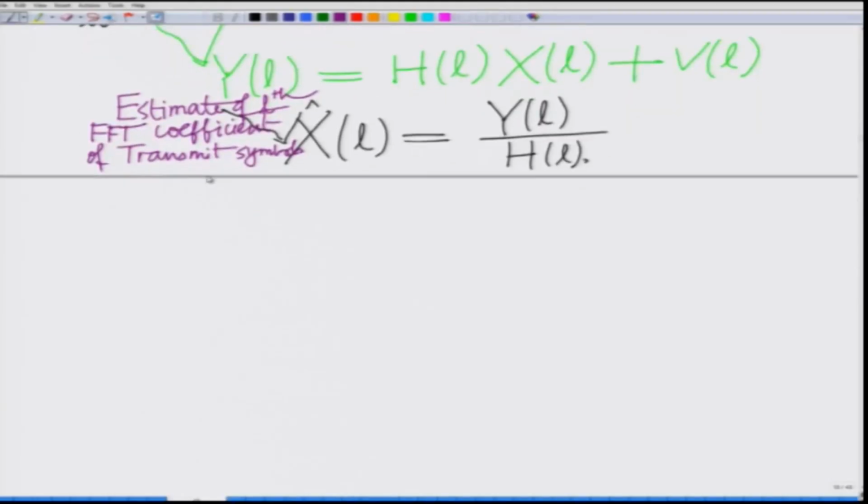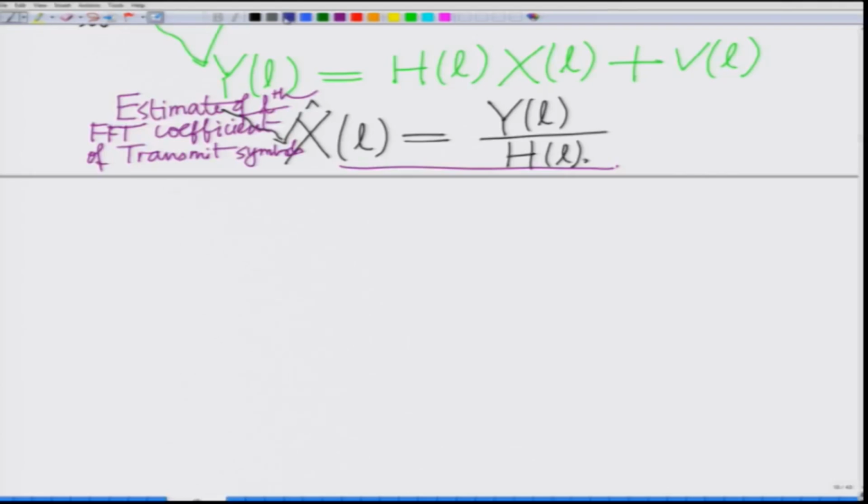So, what is capital X hat L? Remember, capital XL is the nth FFT coefficient of the transmitted symbols, small x0, small x1, small x2, small x3. So, now in the frequency domain you are estimating capital X hat of L, which is an estimate of capital X of L, the nth FFT coefficient of the transmitted symbols. Therefore, capital X hat L equals YL divided by HL.